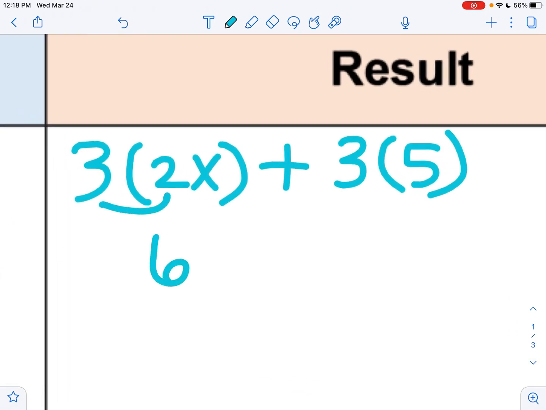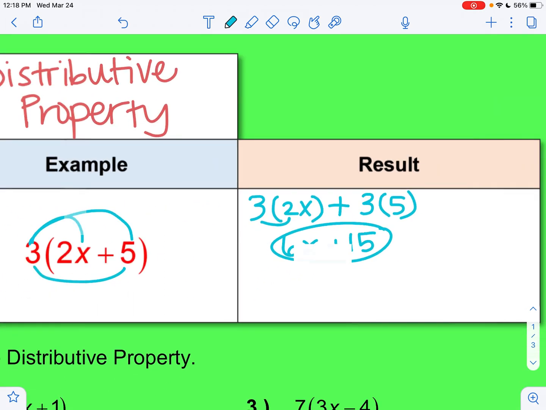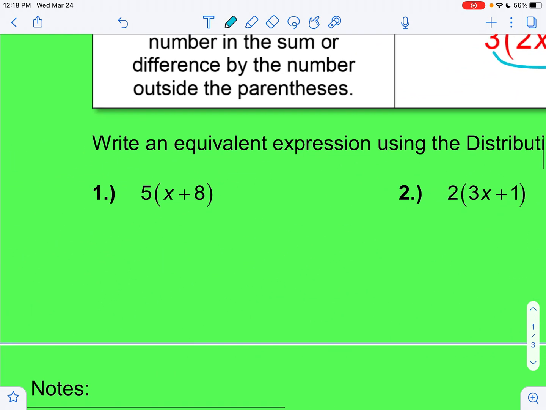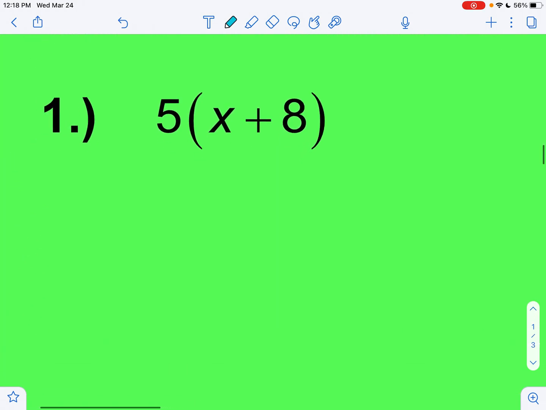Now we can multiply. 3 times 2 is 6, and we still have our x on the end, plus 3 times 5 is 15. So our answer is 6x plus 15.